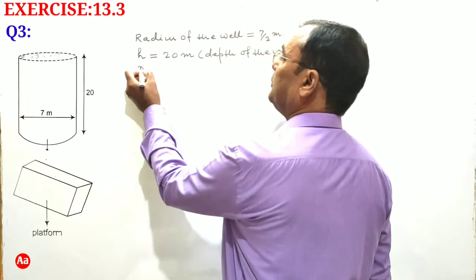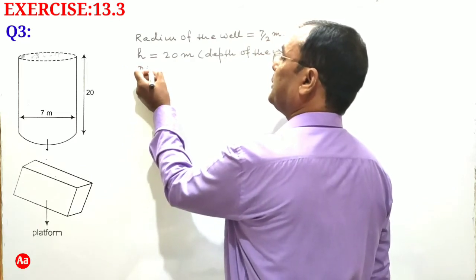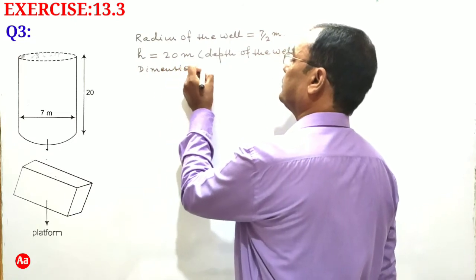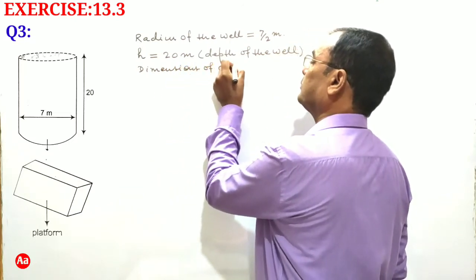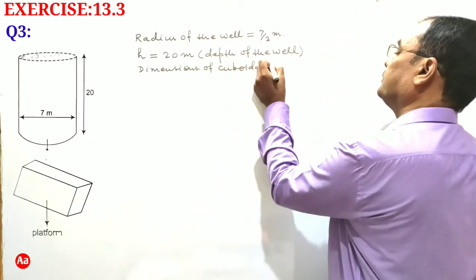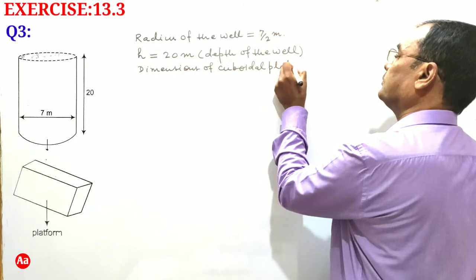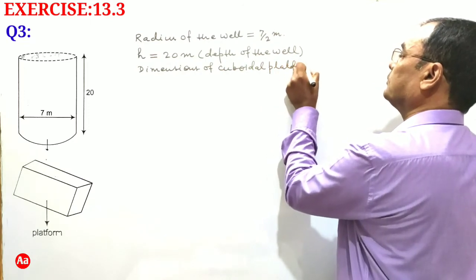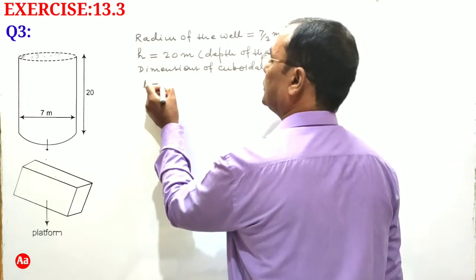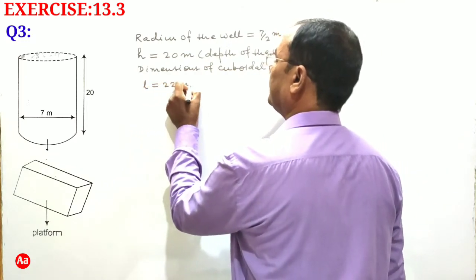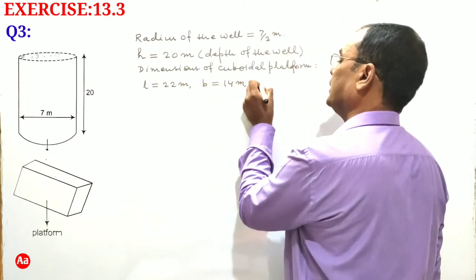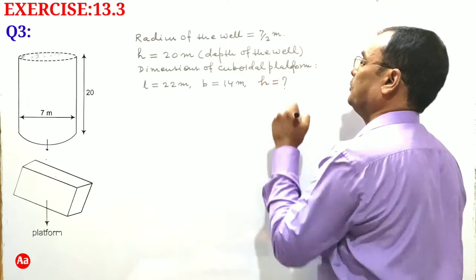And dimensions of the cuboidal platform are length 22 meter, breadth 14 meter, and height we have to find out.